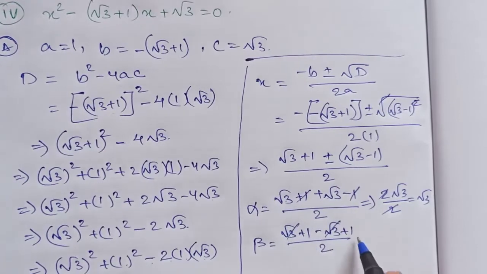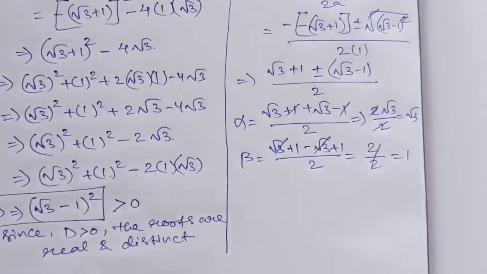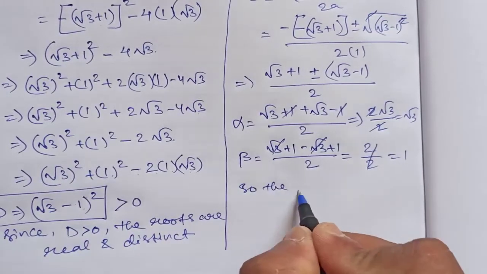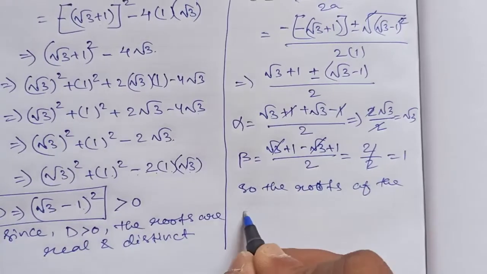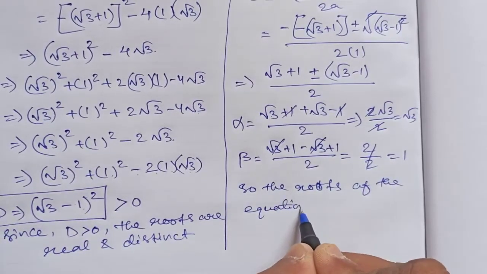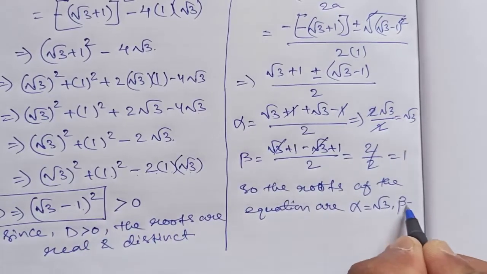So √3 cancels, 1 plus 1 is 2, 2 by 2 is 1. So the roots of the equation are alpha equals √3 and beta equals 1.